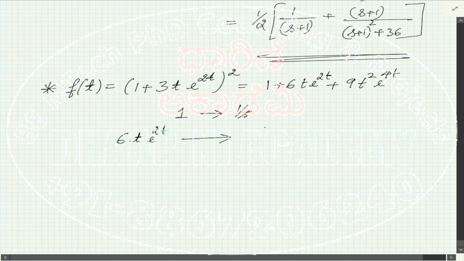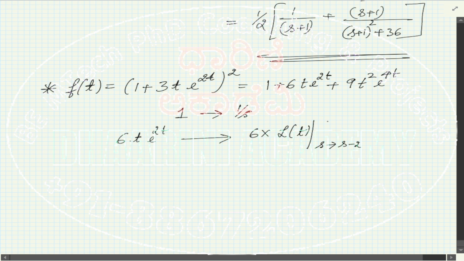We'll get the Laplace as 6 into the Laplace of t itself, but since it is e to the power 2t, positive there means negative here, so s should be replaced by s minus 2.